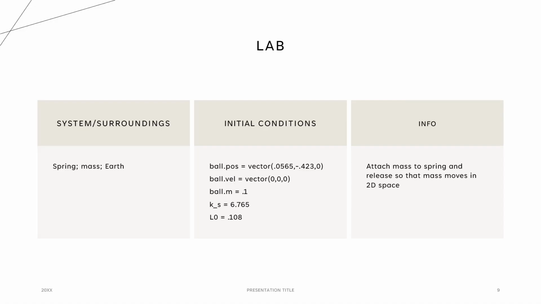So now, more into the lab. The system and surroundings of this lab were basically just the spring, the mass, and the earth. Some initial conditions were that the initial position of the mass was at 0.0565 in the x direction and negative 0.423 meters in the y direction, with an initial velocity of 0, a mass of 0.1 kilograms, a spring constant of 6.765, and an initial length of 0.108 meters.